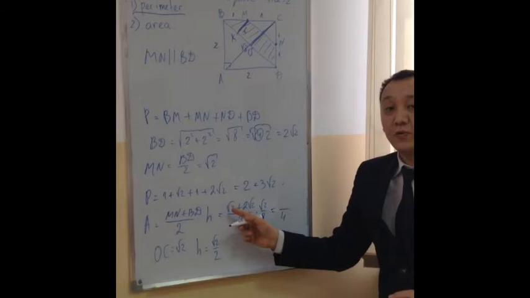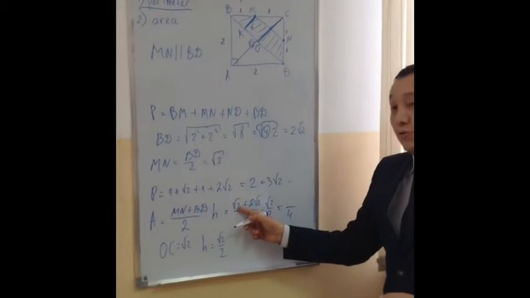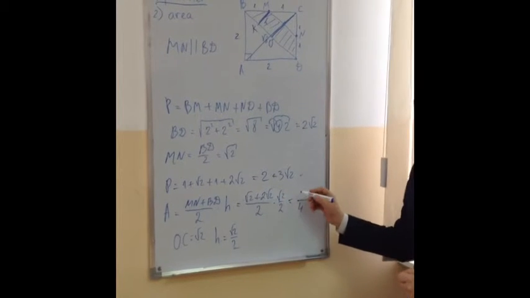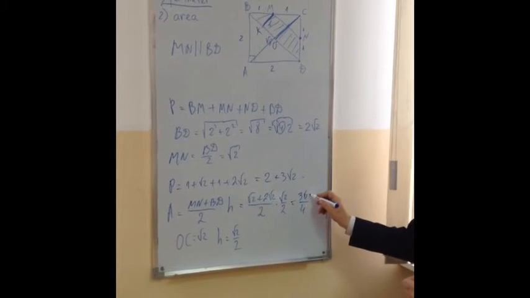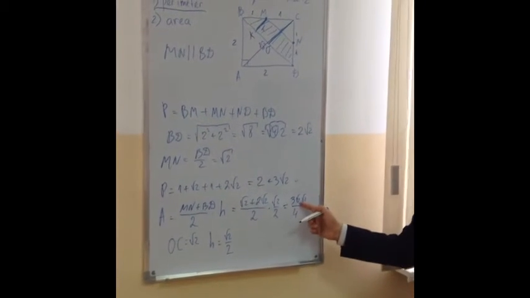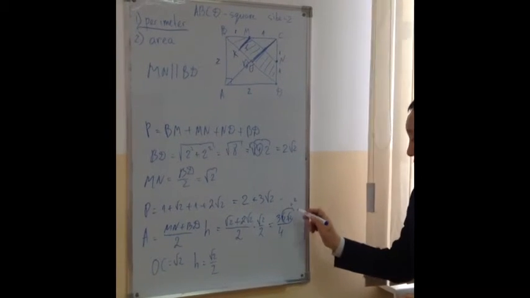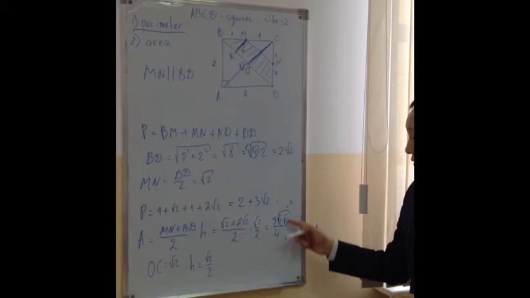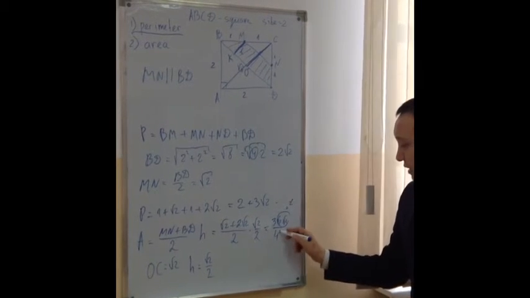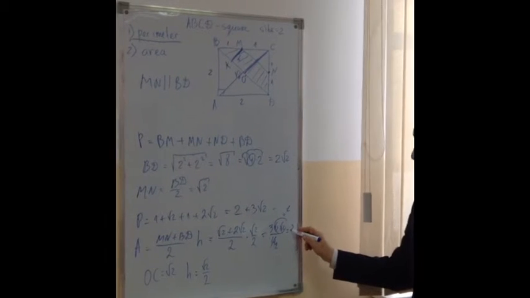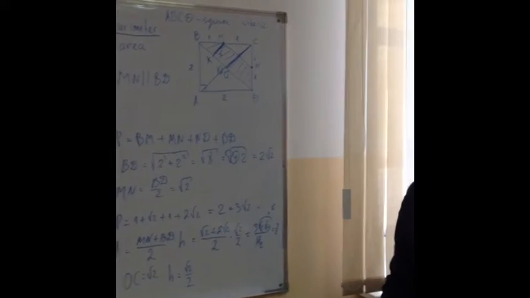And here we first have to sum: square root of 2 plus 2 root of 2 is 3 root of 2, multiplied by root of 2. Square root of 2 multiplied by square root of 2 gives us 2. So 3 times 2 over 4, or we can cancel by 2. So 3 over 2, or 1.5.